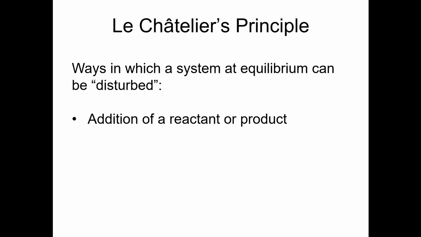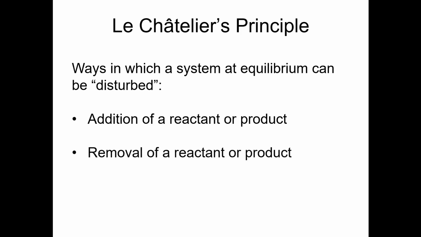Or if a product was added instead, I would say, oh, I need to shift so as to consume some of that added product. I could also remove a reactant or product. If I removed a reactant, I would say, oh, I need to make more of that reactant, so I'm going to shift so as to make more of that reactant. If I remove a product, I would say, oh, I lost some product, I'm going to shift so as to make more of that product.